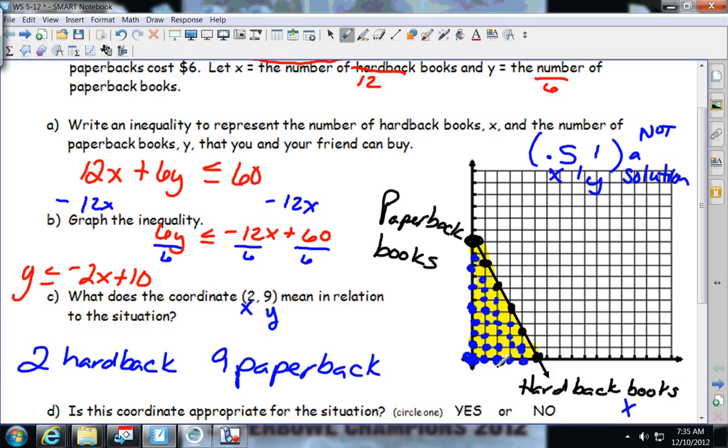I go over 1, 2, up 1, 2, 3, 4, 5, 6, 7, 8, 9. Is this dot right here, 2, 9, a solution? No, it is not in the shaded area. If you bought two hardback and 9 paperback, it would cost more than $60, and that's not in our budget.